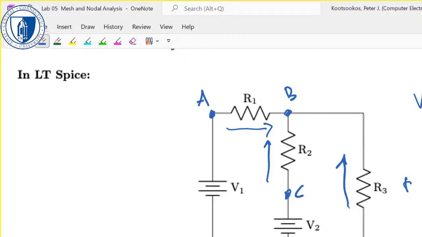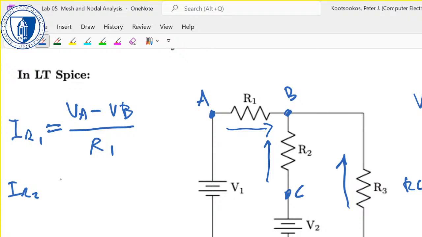And then KCL at B. Maybe let's do IR1 is VA minus VB on R1.